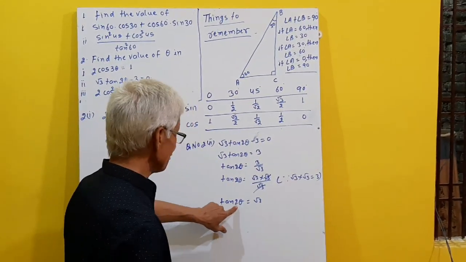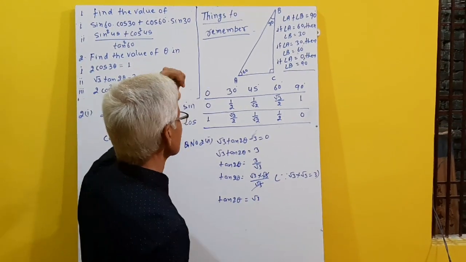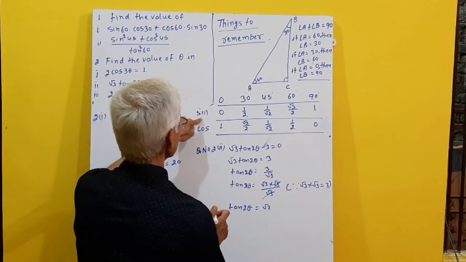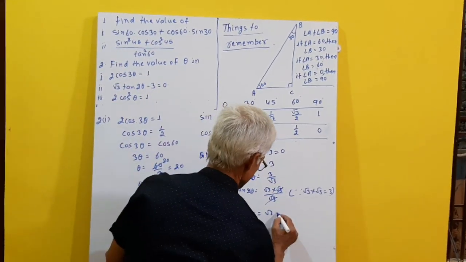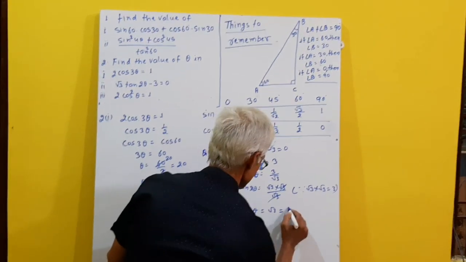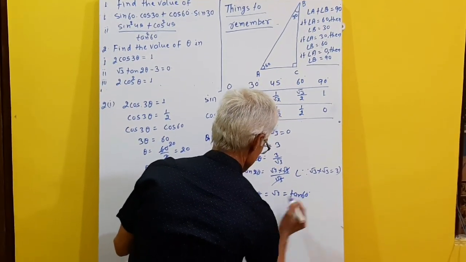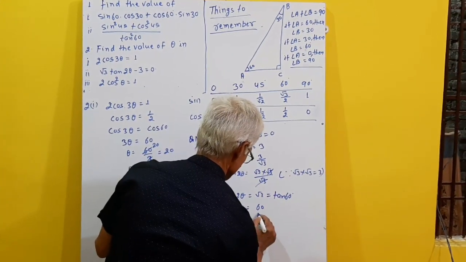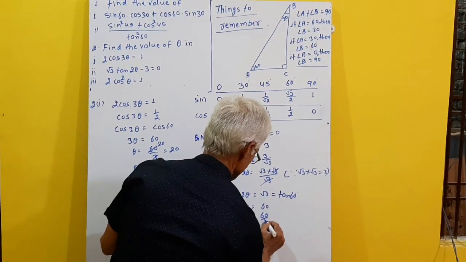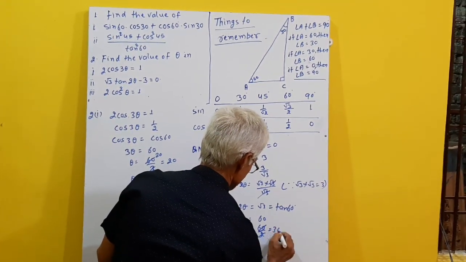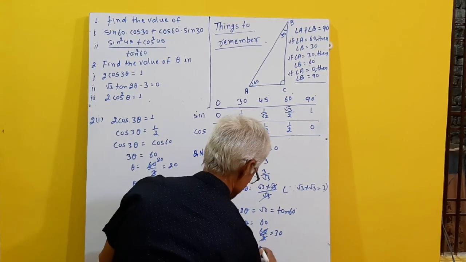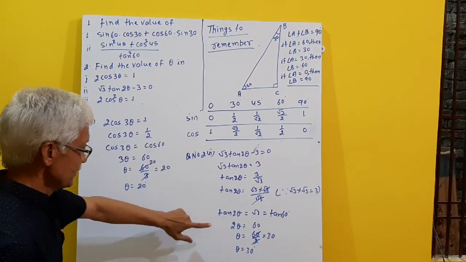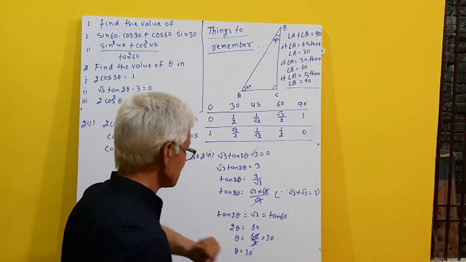And what is the angle whose tan is root 3? That is 60 degrees, tan being sin upon cos. Therefore theta is equal to 30 degrees. In this equation, the value of theta is 30 degrees.